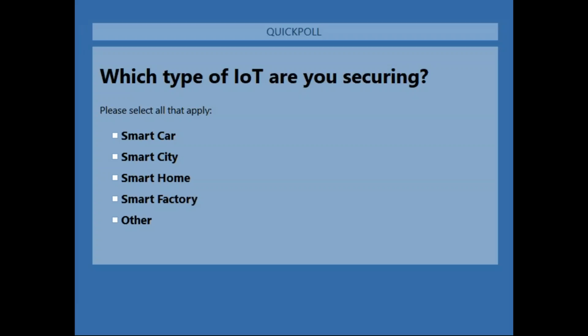Before we get into that, here's a polling question for you. Which type of IoT are you working on securing? Is it smart car, smart city, smart home, smart factory, or something else? You can actually check multiple if there are multiple different kinds of IoT that you're working on securing.